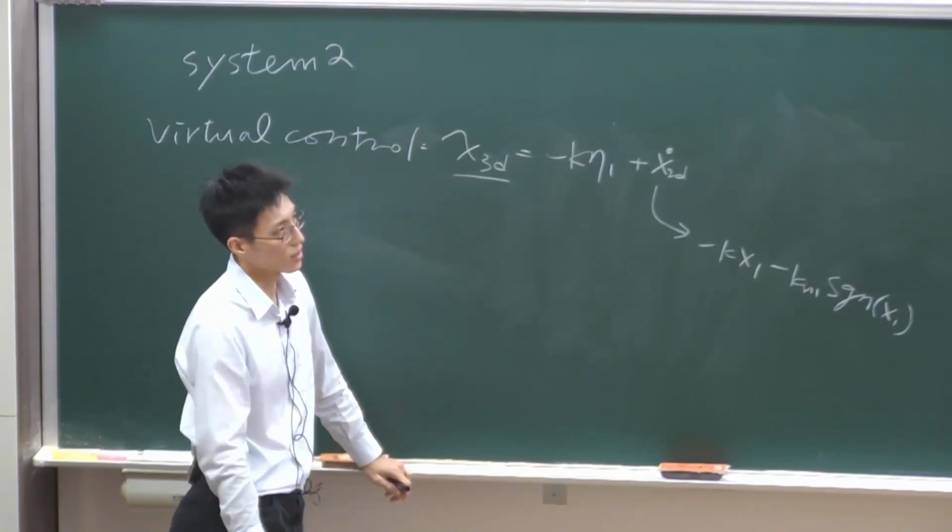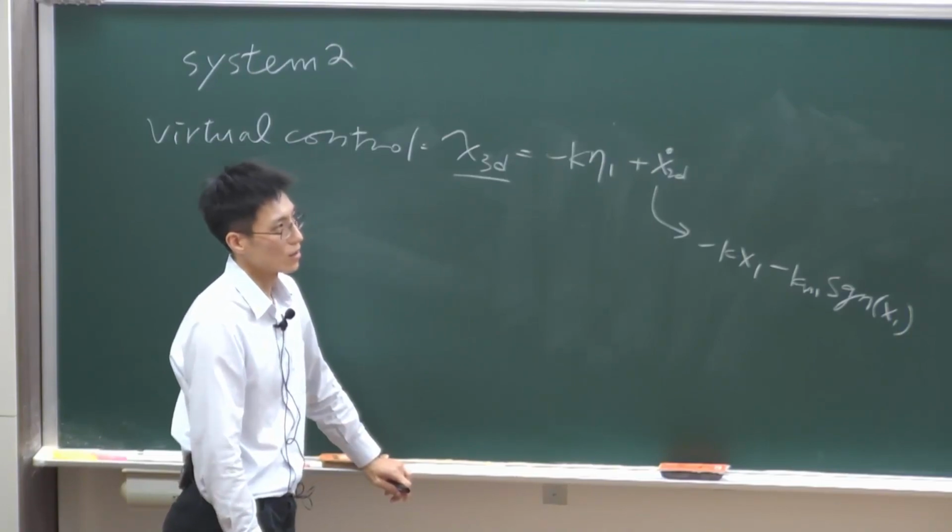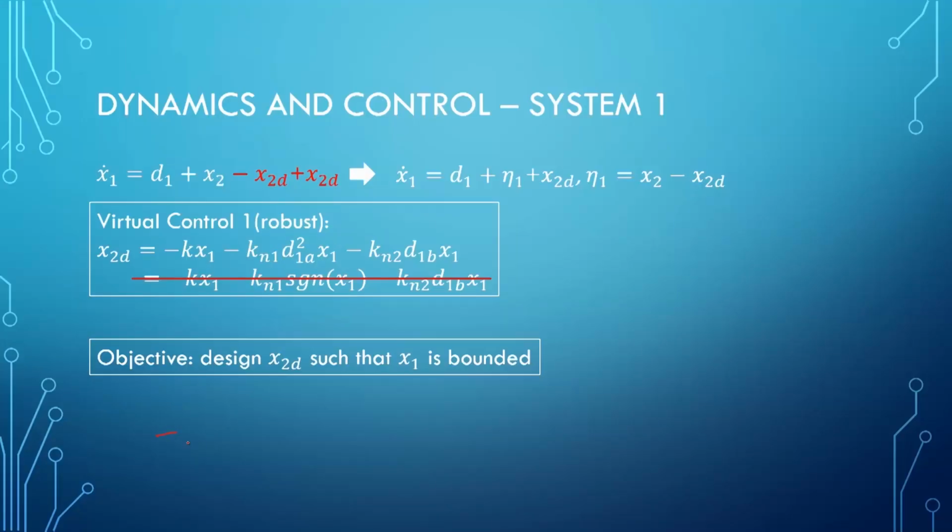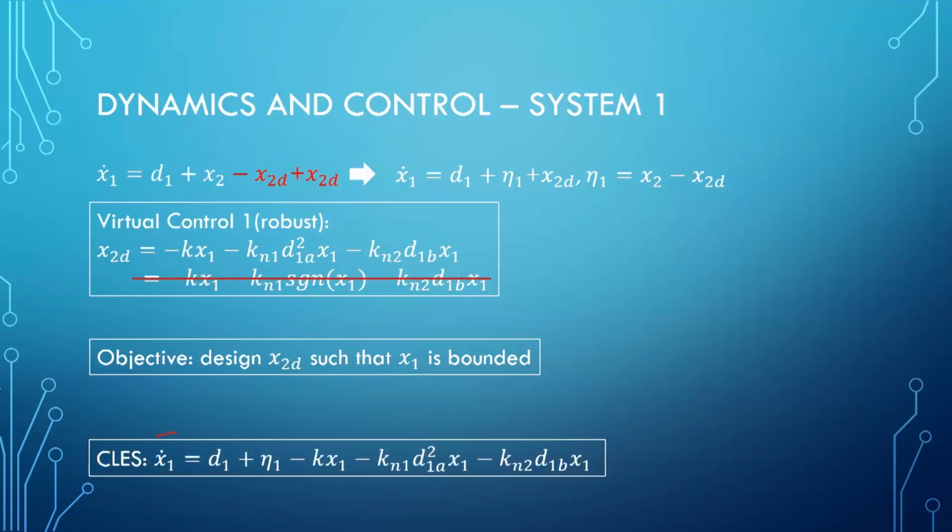So you cannot design high frequency, especially in backstepping. In system 1, the only option for the virtual control is high gain. So substitute this virtual control input x2d into the open loop dynamics. Okay, substitute x2d in here, and you get the closed loop error system 1.